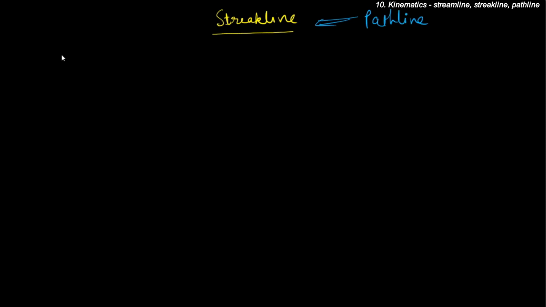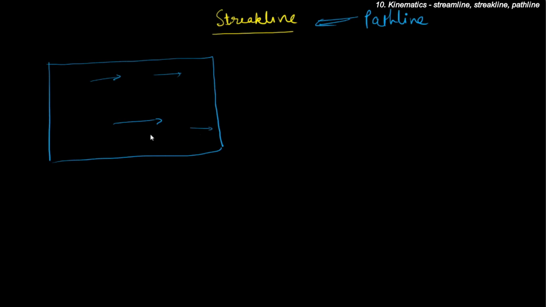Let us first imagine that we have a flow in a domain something like this. Okay, there's a flow in the domain. The flow can be unsteady, no problem. How do I typically visualize flows? What we do is we put a dye inside the flow. So we take a syringe.